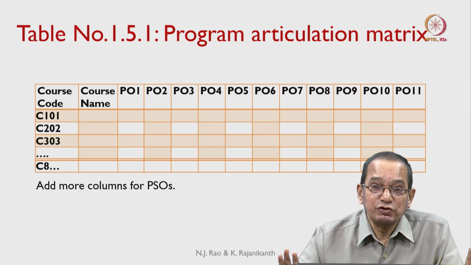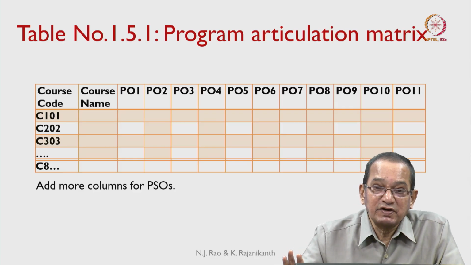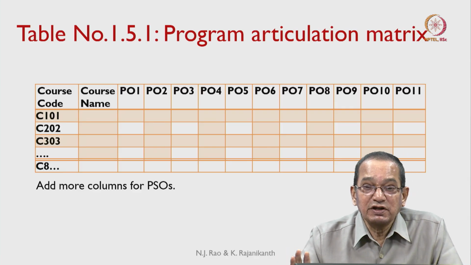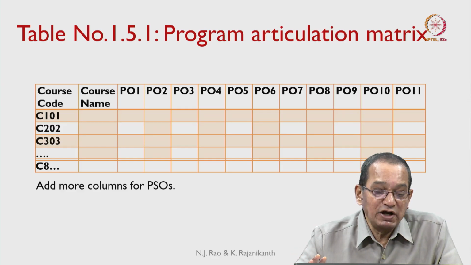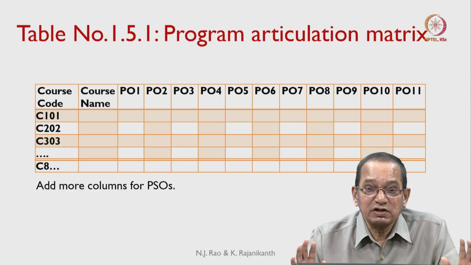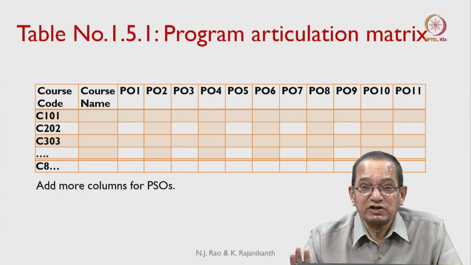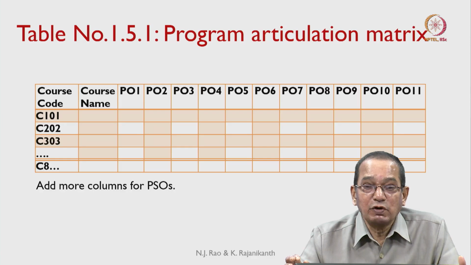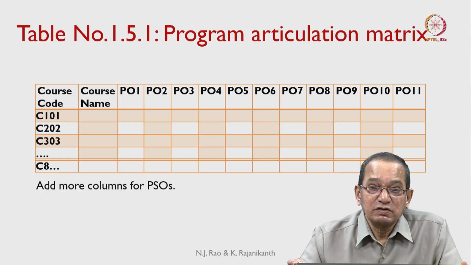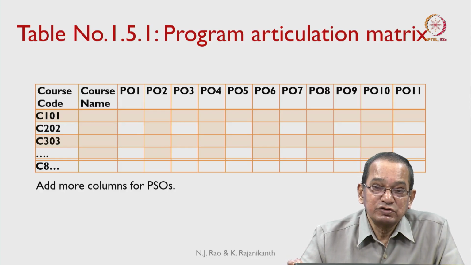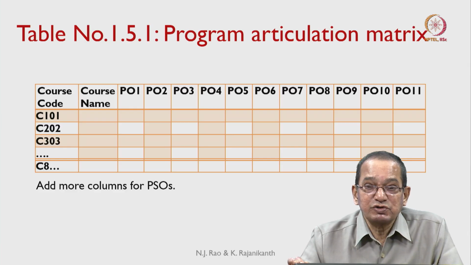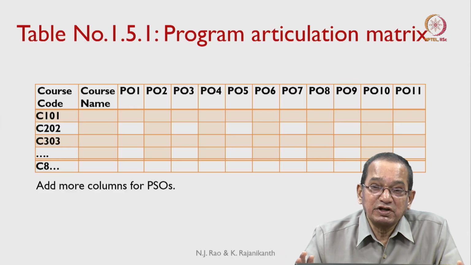Now, that process also you must record clearly. If you are following a different process for consolidating the mapping between the course and a PO, please record that process, show an example of how that is done, because there we have the mapping between individual CO and a PO or PSO. Here there is only one row for a course, that means all that information is captured in a single row. So, how that is done?